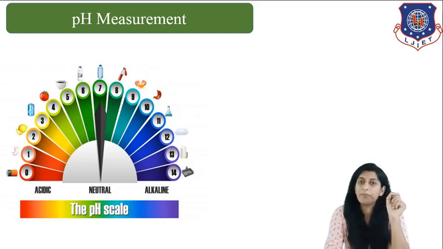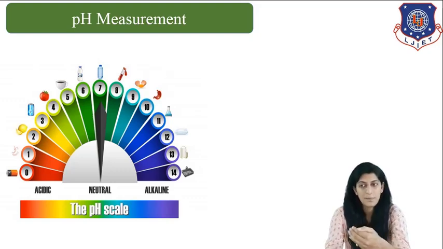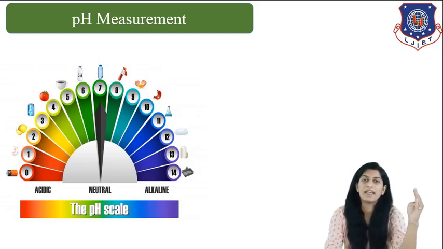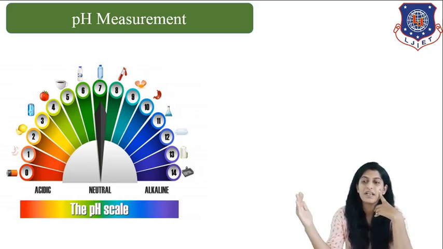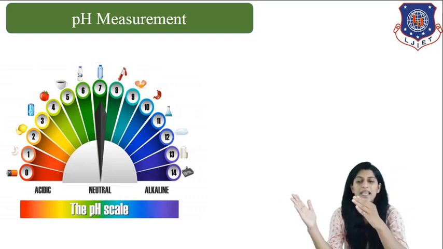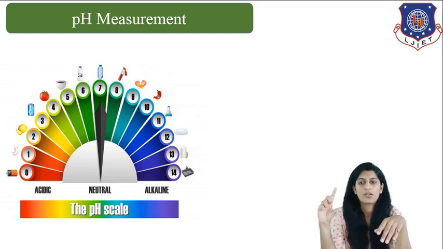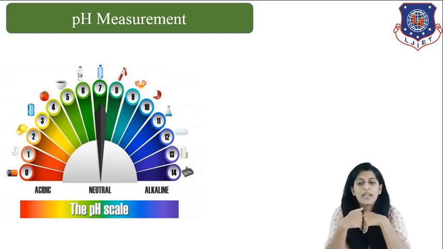Why is it so? It completely depends on the chemical behavior or chemical bonding of that particular substance, which varies from substance to substance, and due to that it sits at a different level of the pH scale. In this scale you can see different substances present at different points. There is a bottle of water kept at point 7, which is neutral, so it is quite safe to drink water.